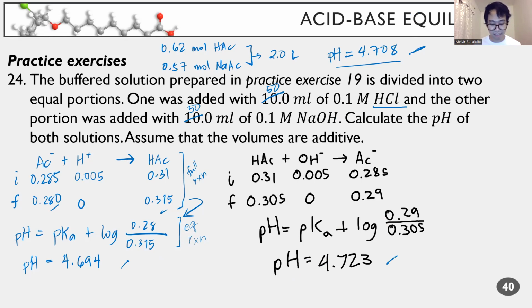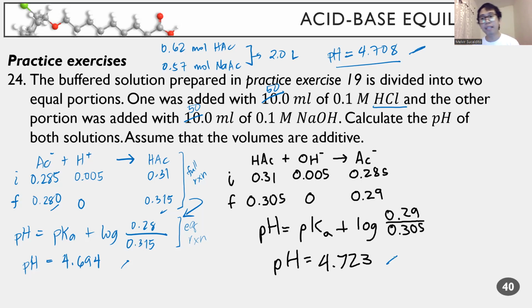It still makes a little sense po, pero it's a little weird po na the pH became more basic than the pH became more acidic when we put a sort of equal number po ng HCl.